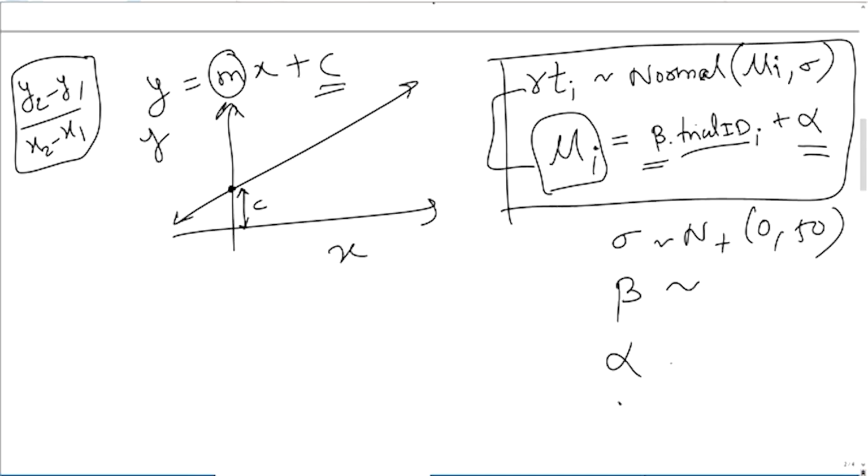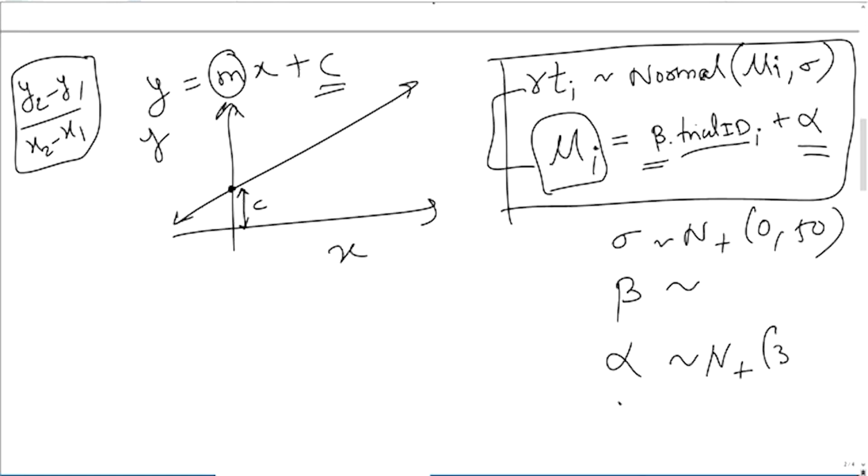What is alpha? It's the average judgment time at trial ID 0. You can think about it like this: when you haven't even started doing this task, there is some average reaction time for the population.